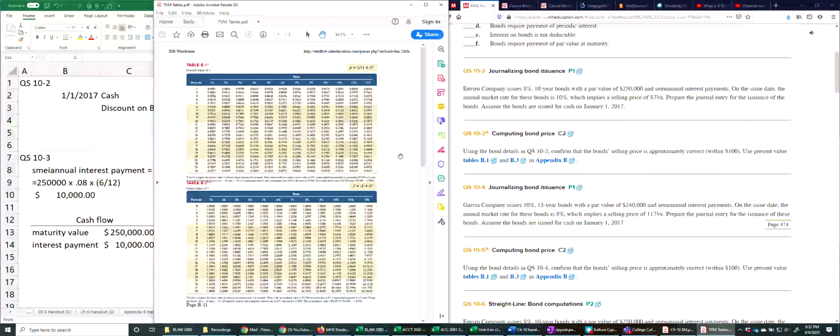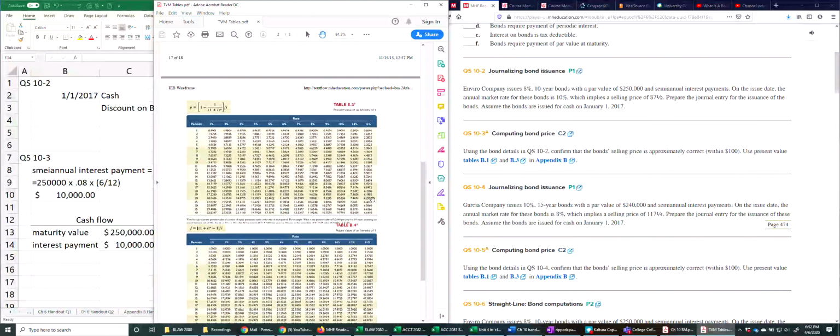Then we're going to do the same for the annuity, the $10,000 payment. Same parameters, 5%, 20 periods, and we see 12.4622. So that's our factor there.